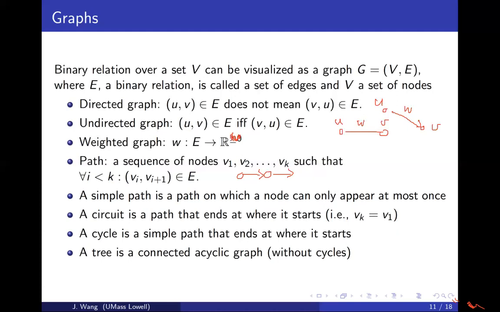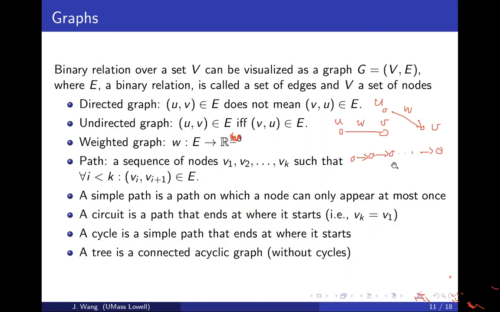Let me draw it here. Okay, so this is a path, right?